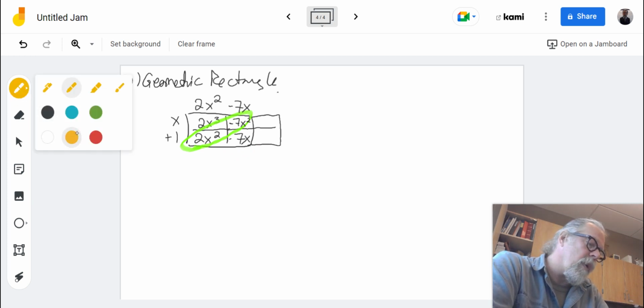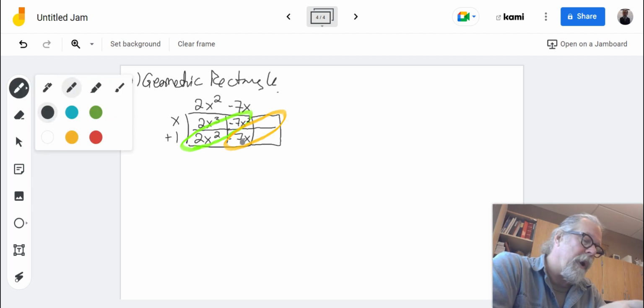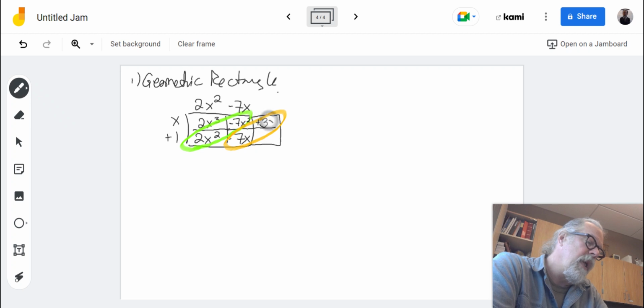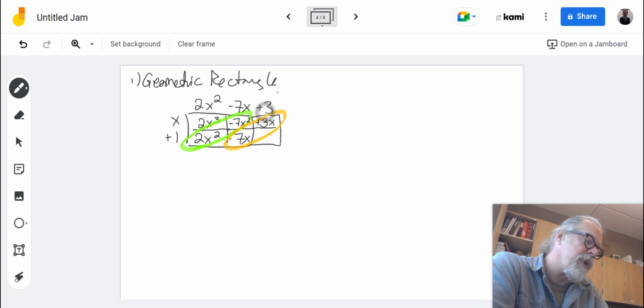But I know that my original quadratic had a -4x, and right now my rectangle has a -7x, which means I need plus 3 more x's to make a total of -4. But that means that this must be plus 3, and 3 times 1 is 3.